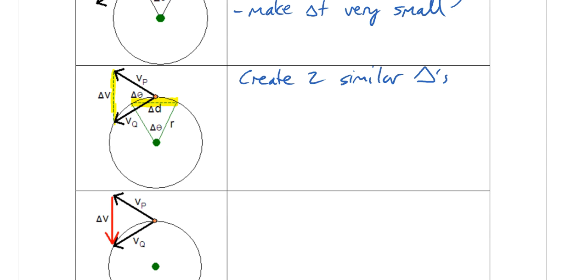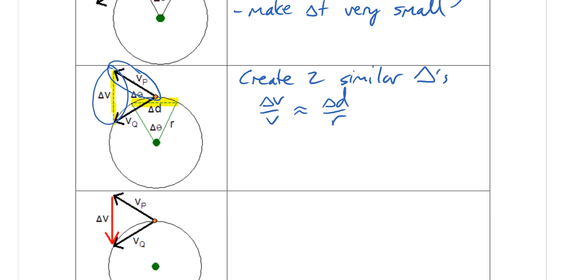Because of that, if I take the change in v and divide it by v, taking this side and dividing by that side, it gives me the same thing as delta d divided by R. Delta d is the change in the distance between the two locations. So those two ratios should be the same.